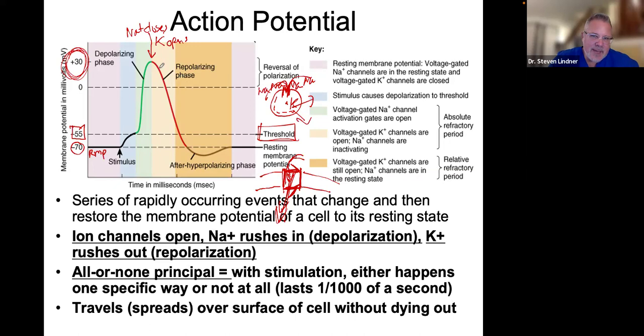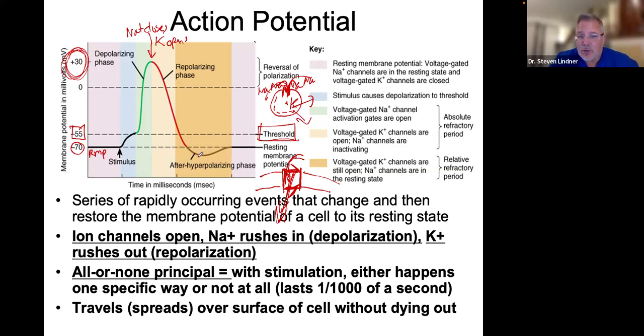And what ends up happening is, as these potassiums move outward, now we start to become a little bit more negative. And since the potassium gates are a little bit slower to close, this is going to keep on dipping, dipping, dipping until the potassium channel finally closes.